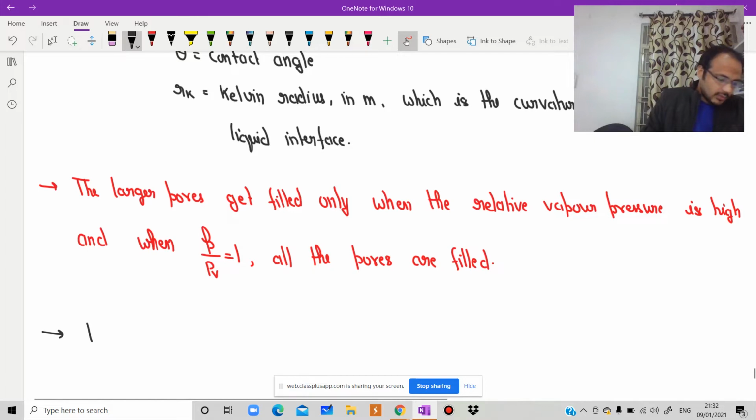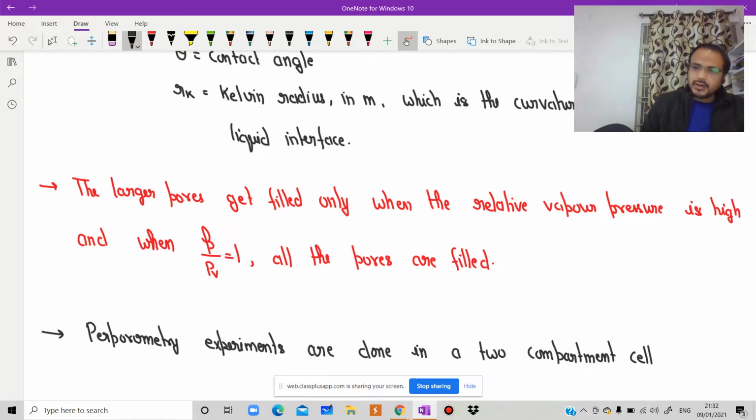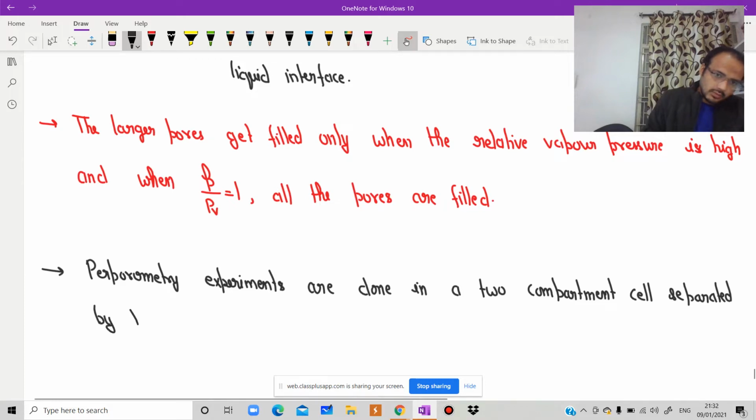Write down a small point. Porometry experiments are done in a two compartment cell separated by the membrane.